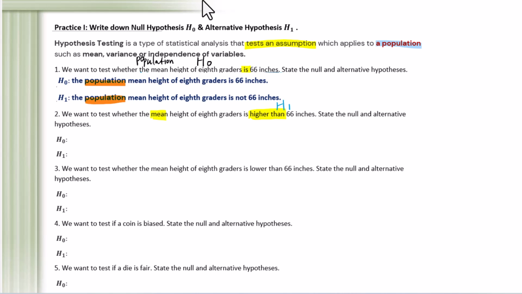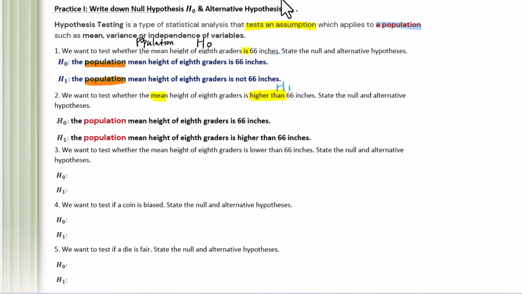H0 will be the population mean height of 8th graders is equal to 66 inches. H1, the population mean height of 8th graders is higher than 66 inches.